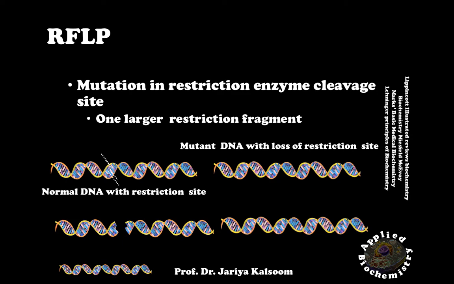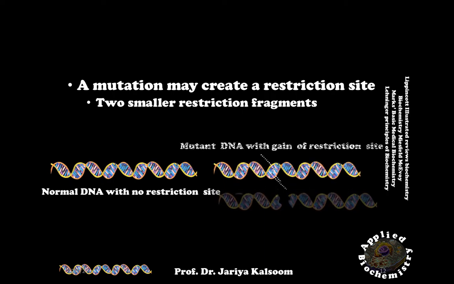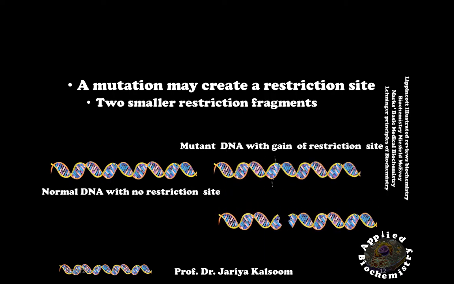Thus, two smaller fragments will be obtained from normal DNA, whereas mutant DNA will present as one large fragment. Sometimes a mutation creates a restriction site that is not present in or near the normal gene. In this case, two smaller restriction fragments will be obtained from the mutant and only one fragment from the normal.